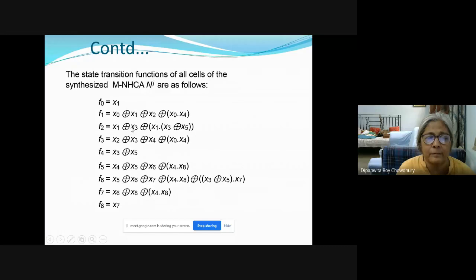Okay, 3 gaps, x0.x4 and x4.x8. So these 2 are injected. It is according to the algorithm for how you get the maximum length nonlinear CA from maximum length linear CA. With this algorithm we get the other functions. So these are the 2 points we have injected.